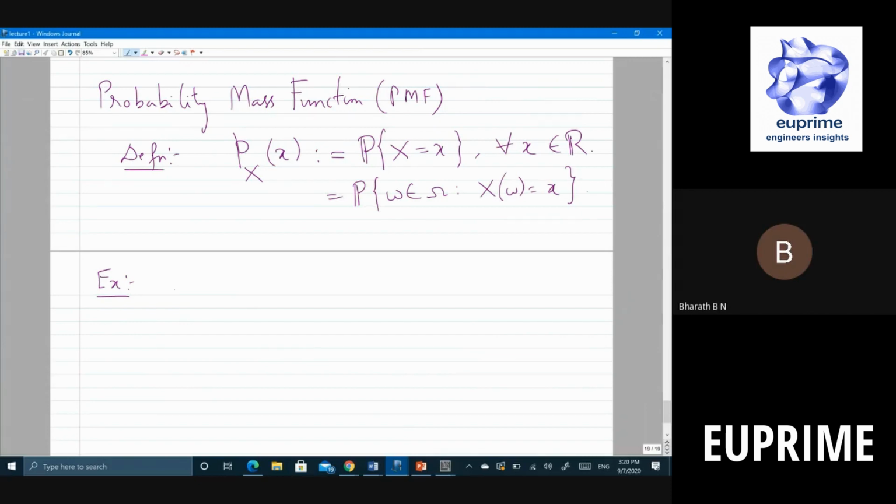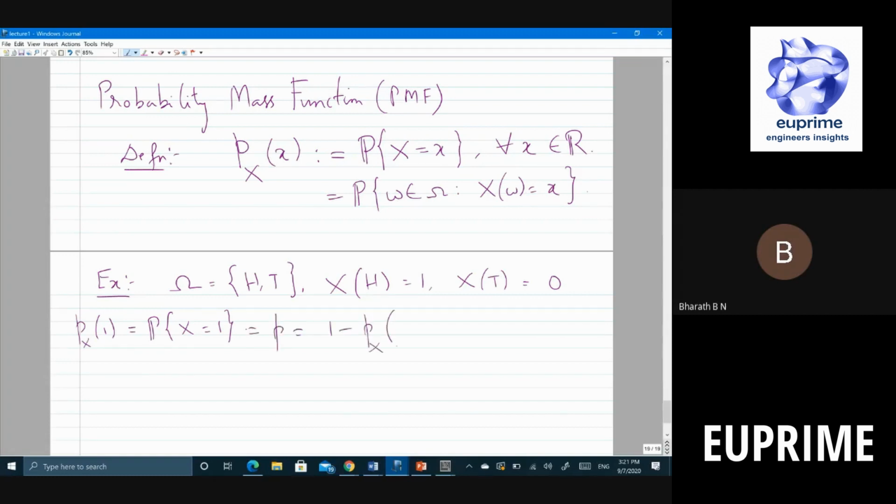So maybe I'll give you a very simple example. Head or tail, one or zero. So the probability of X equal to 1, this is P_X(1), which is p, which is 1 minus P_X(0), which is 1 minus the probability that X equals 0.